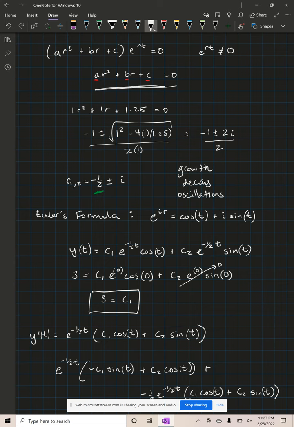If the real part is greater than 0, if it's positive, you'll have exponential growth. If the real part is less than 0, you'll have exponential decay. And then if the real part is equal to 0, then you just would get constant oscillations for the life of the system. So just something to keep in mind.